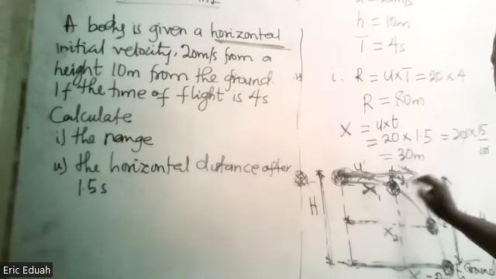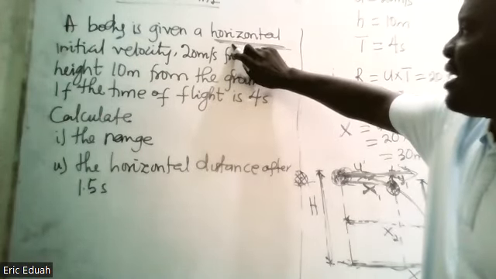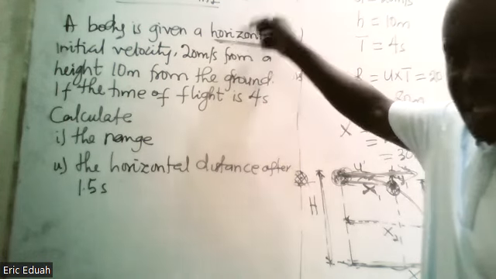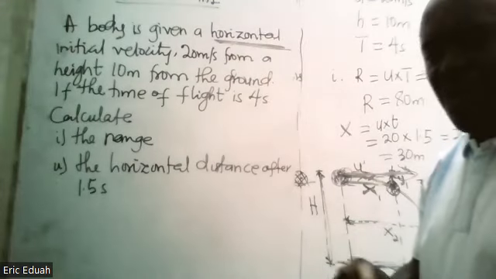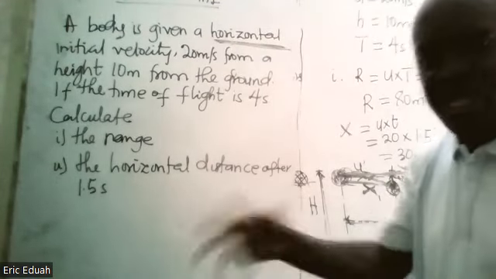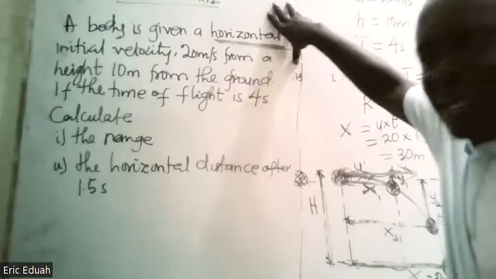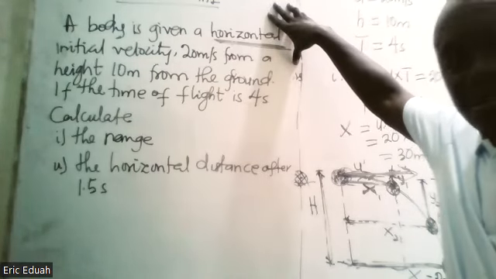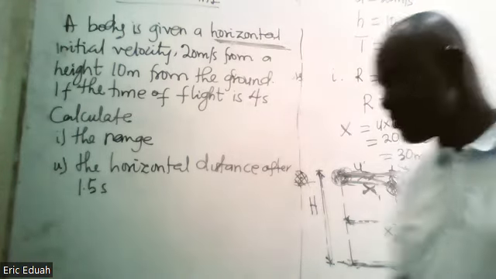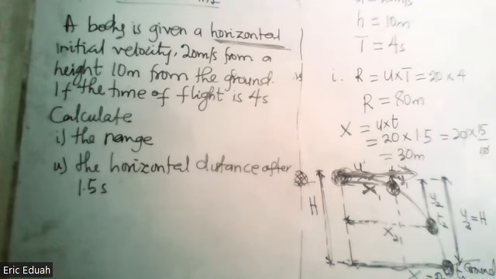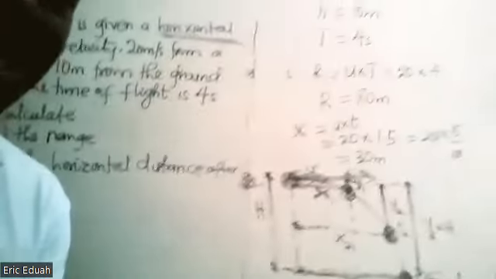So this indicates that it's a one-dimensional projectile motion. If the body is given a horizontal initial velocity of so and so, then it suggests that this is one-dimensional projectile motion. Any question? All right. Then let's look at the vertical analysis of the motion.